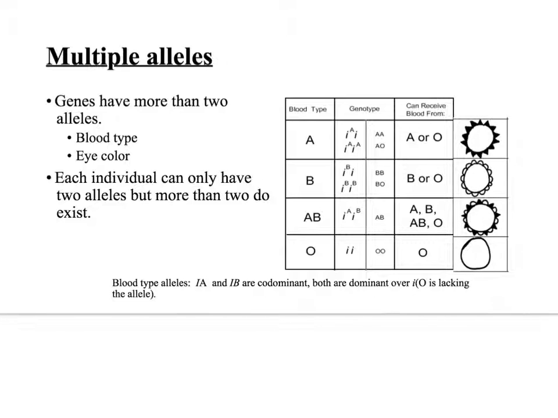That's because the allele for A is coding for a particular surface marker, and the allele for B is coding for a different surface marker. So if you have the allele for A and the allele for B, you're going to make both of those proteins. O, however, is going to be recessive, and that's because O has no cell surface markers. And so if you don't have the gene for it, then you don't make the markers. But if you have any of the other possible alleles, then you'll be that trait.